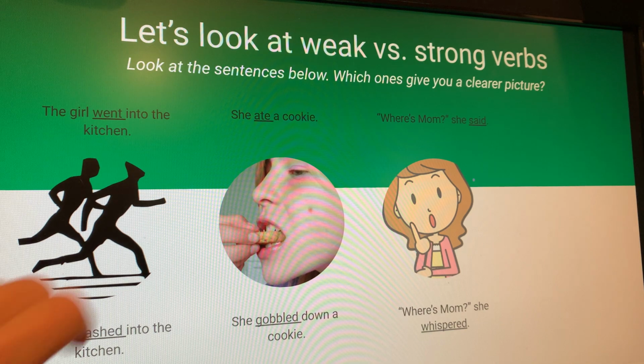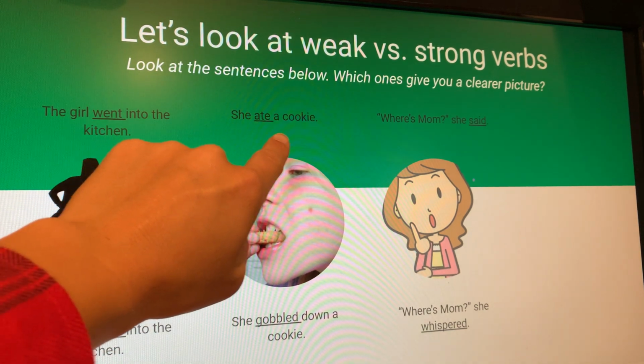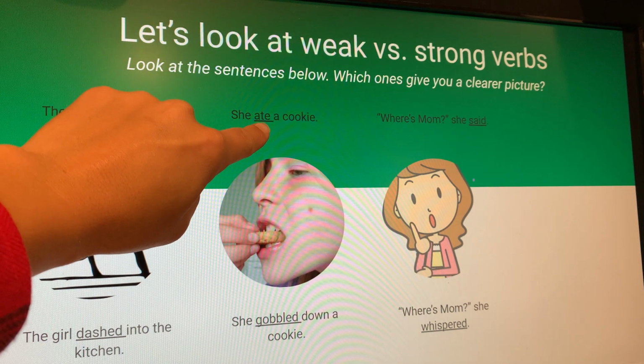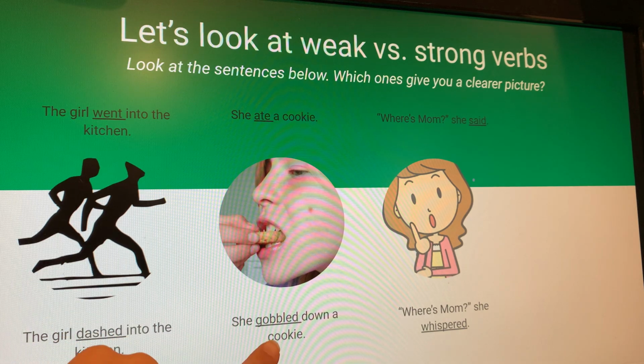Now, the next sentence we're going to look at is she ate a cookie. Here, ate is our verb, it's what she's doing. A stronger verb would be gobbled. She gobbled down a cookie. Oh, that definitely gives much more description of how she ate that cookie. So gobbled is our stronger verb here.